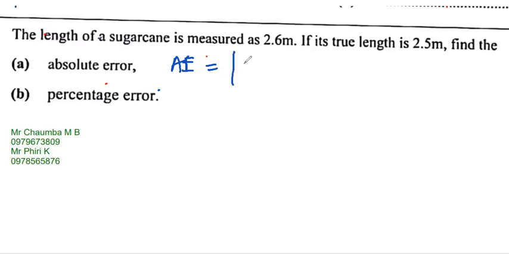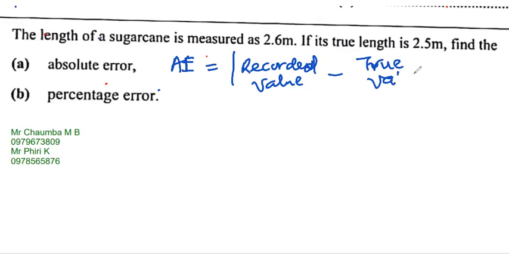We can say recorded value minus true value. Recorded value minus true value. Okay, so either way, you need to understand besides the answer of the absolute. So I'm sure even if we started with this one, it will still be the same thing.